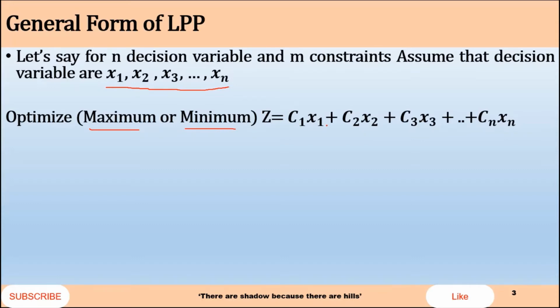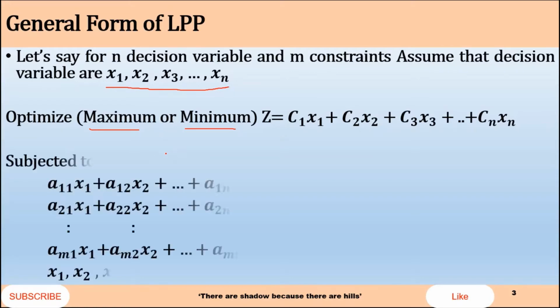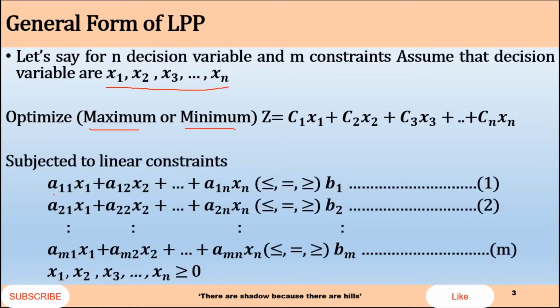So Z equals c1 x1 plus c2 x2 plus c3 x3 up to cn xn, where c1, c2, c3 are the coefficients of the objective function, x1, x2, x3 are the decision variables, subject to linear constraints a11 x1 plus a12 x2 up to a1n xn. These are the types of constraints that might be possible. The constraint may be of less than or equal to type, equal to type, or greater than or equal to type.